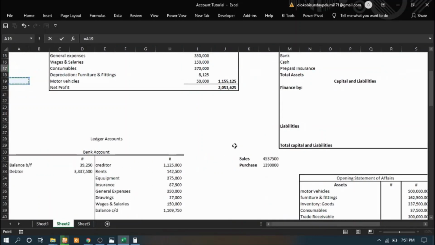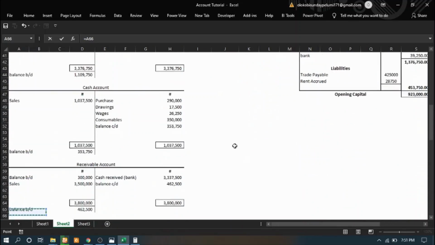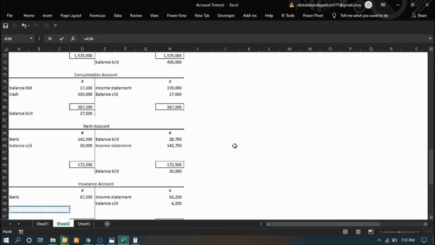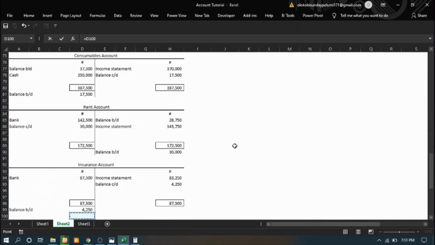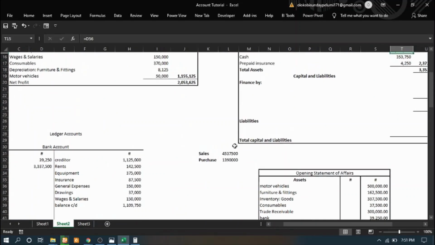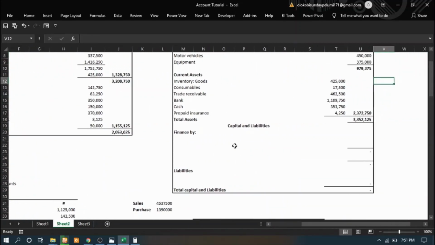Let's quickly go to the insurance accounts to get the amount of prepaid insurance, the closing balance. Alright, so here we are. So this is the total amount of our current assets, as in total of our assets.